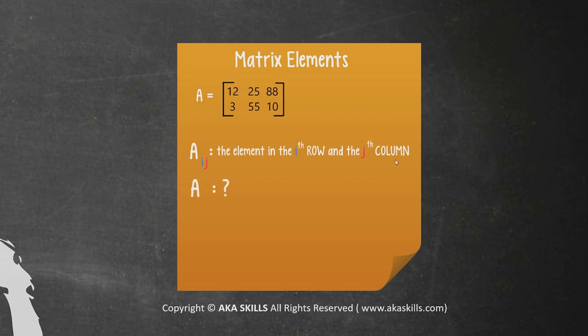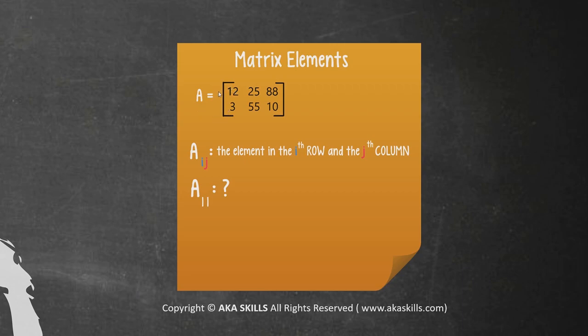For example, we want A 1 1. Most people are going to say, okay, A 1 1, this is 1, this is 2, 1, 2, 3, so this is the one. This is right actually, but not always.